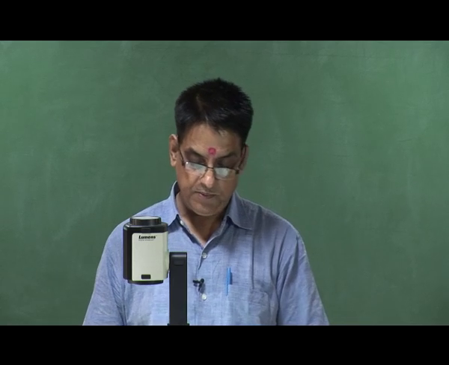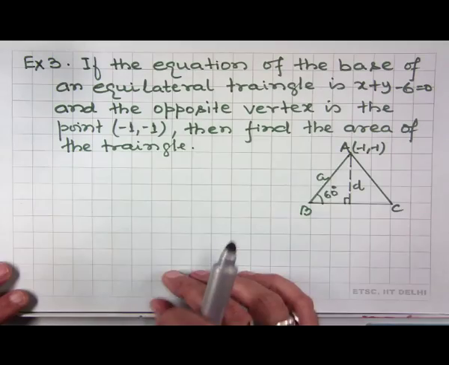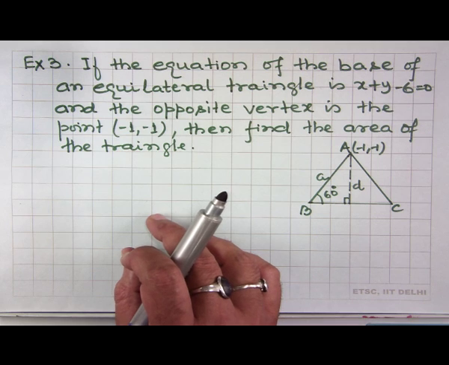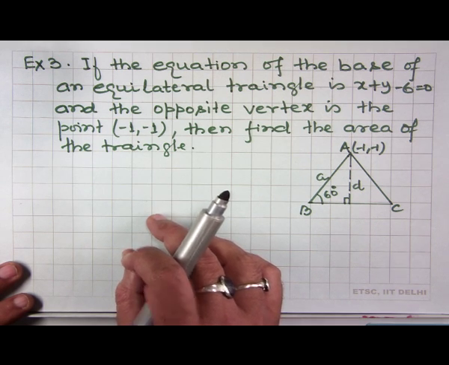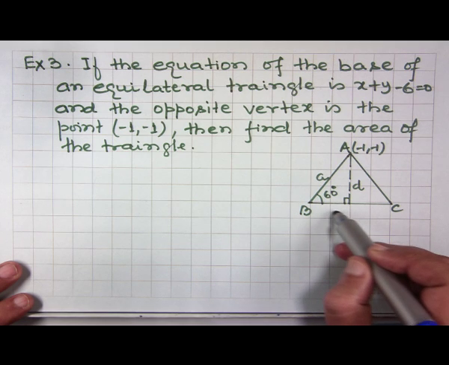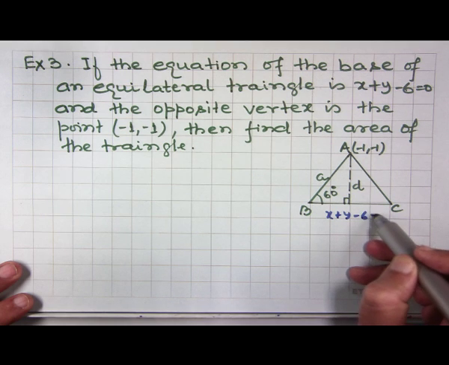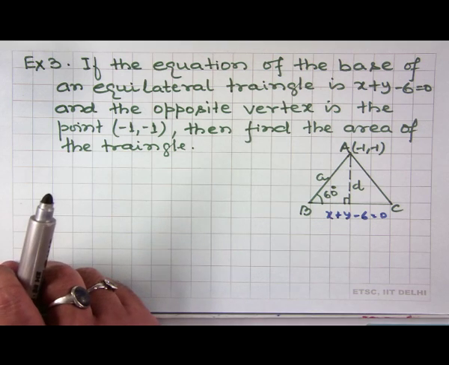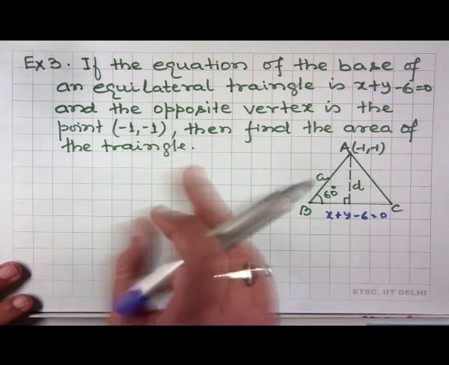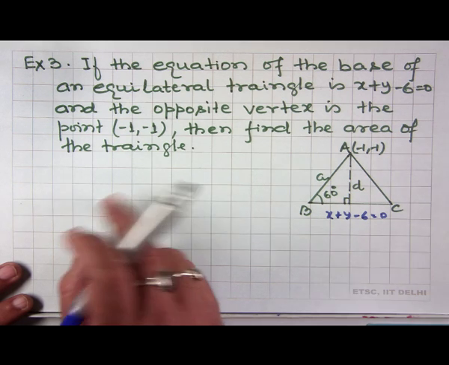Now another problem, a good problem. If the equation of the base of an equilateral triangle is x plus y minus 6 equal to 0, this is the equation of base BC, and the opposite vertex is the point minus 1, minus 1.